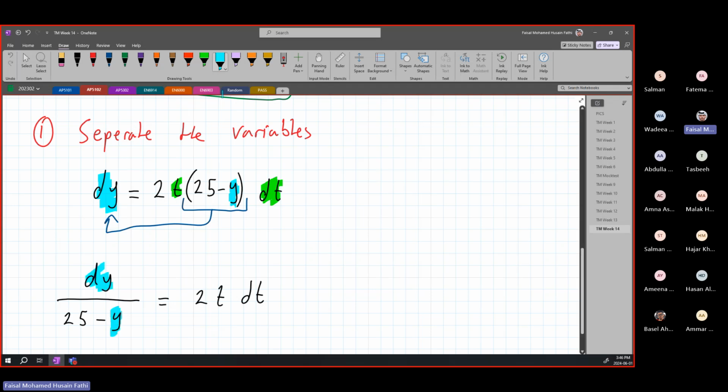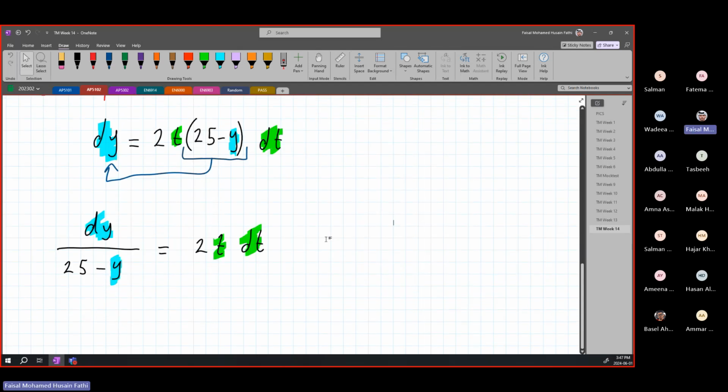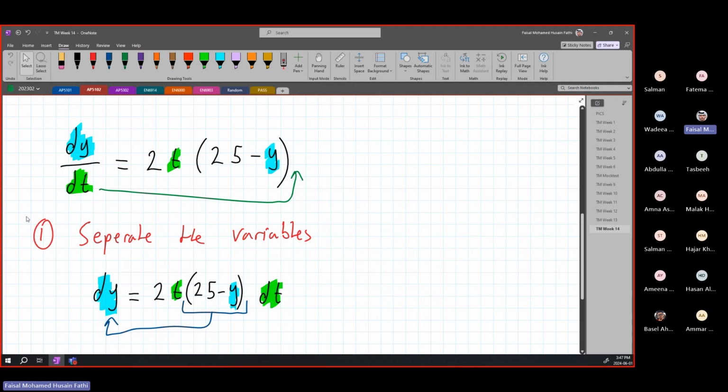They're both in the same location. And we have the t value with our dt value. All right. Okay. So this is our very first step. All right. This is the separation that I was talking about. We wanted to separate these so that they are both on the same sides. The y is with the y and the t is with the t. This is our first step.